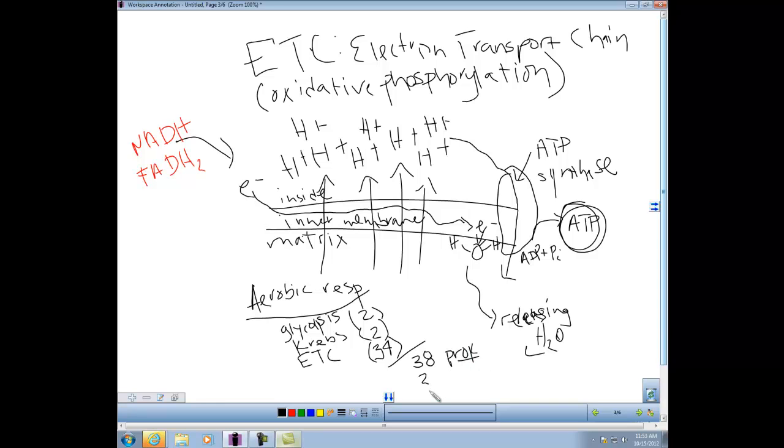If you are eukaryotic, then you only create 36. The reason is because it takes 2 ATP, so minus 2 ATP, to go into the mitochondria. It takes some ATP to move the pyruvates into the mitochondria. Prokaryotic cells don't have a mitochondria, so they don't need to go through that step. So they produce 2 more ATP than eukaryotic cells do. It's kind of interesting there.